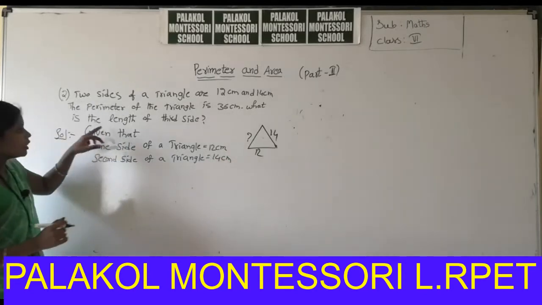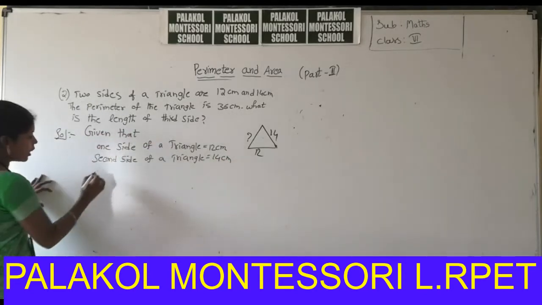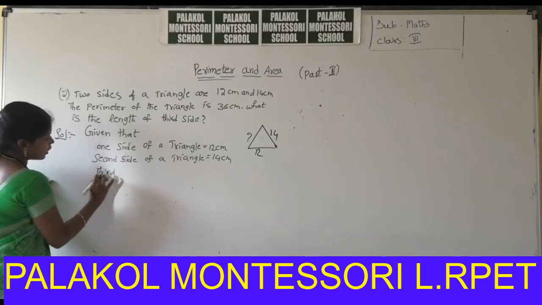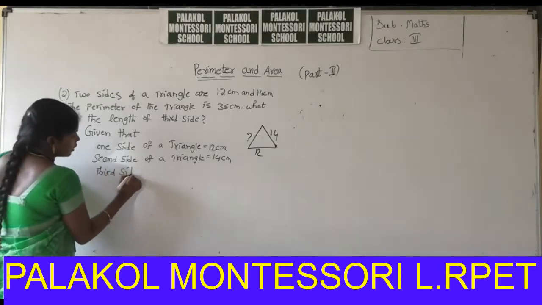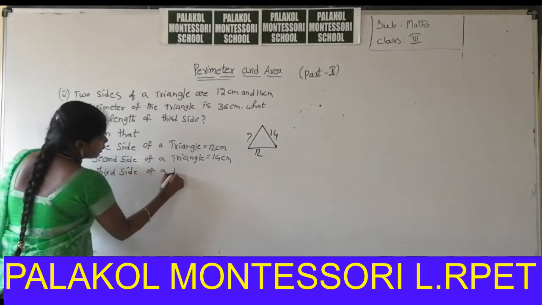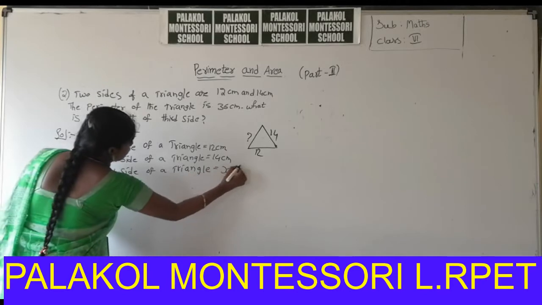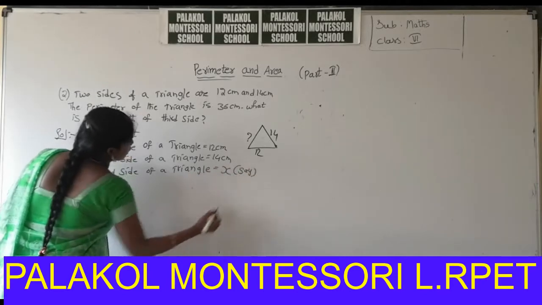So we can find the length of the third side. The third side of a triangle is equal to, we don't know, so we can say x. We don't know how much the side of the triangle is.